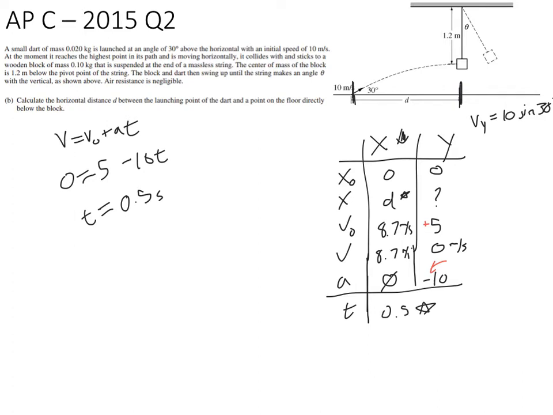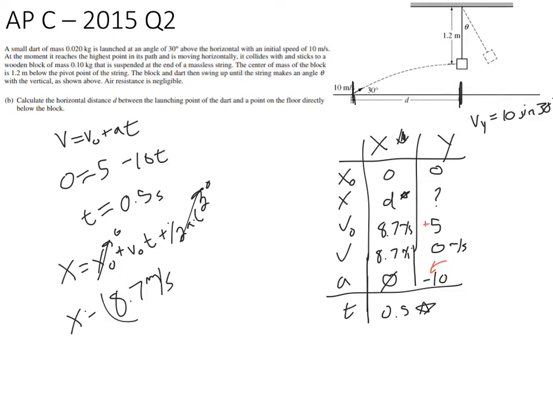Use that here to find d, so I can use annoying x. X equals X0 plus V0t plus 1/2 at squared. 0, 0. X equals 8.7 times 0.5.